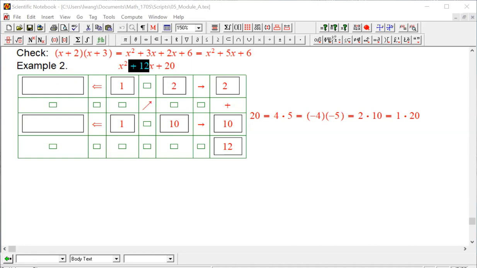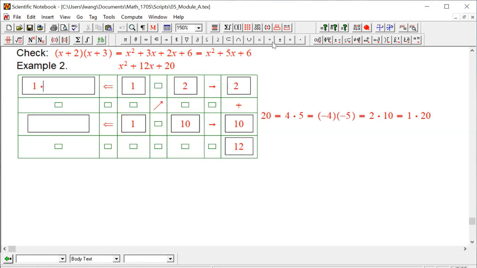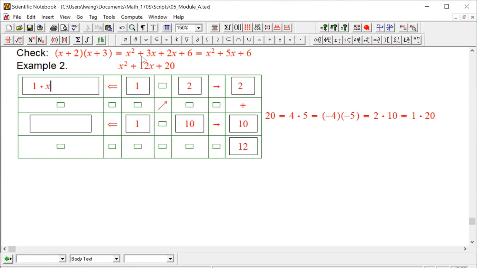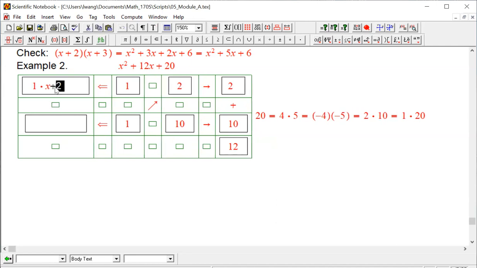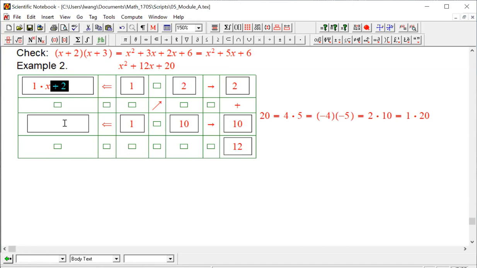So when we compose our factors, we're going to compose it the same way. So 1 is 1 times x, plus 2. 1 times x plus 2.